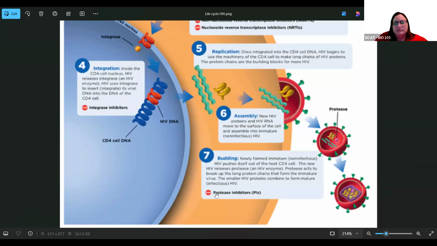Okay, so now at this stage, if the patient is on a protease inhibitor, they're on a PI, it's going to inhibit this from happening. Okay, so it's going to prevent the smaller chains of HIV from assembling, okay?